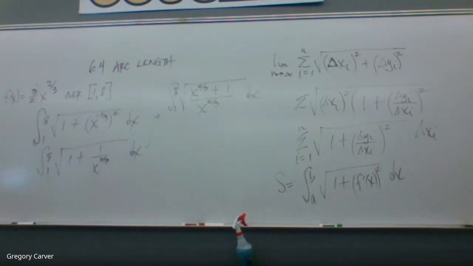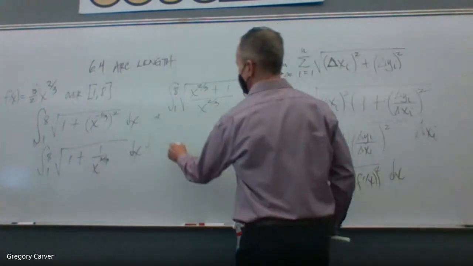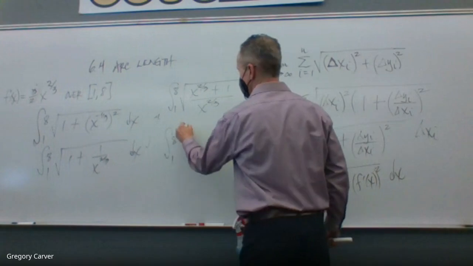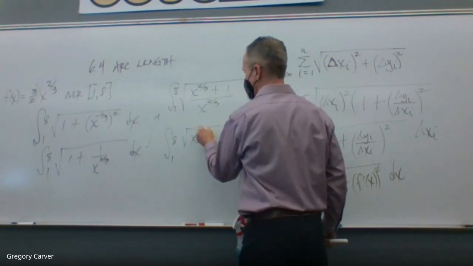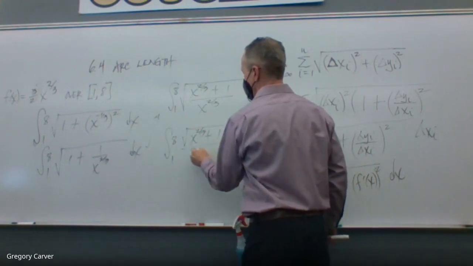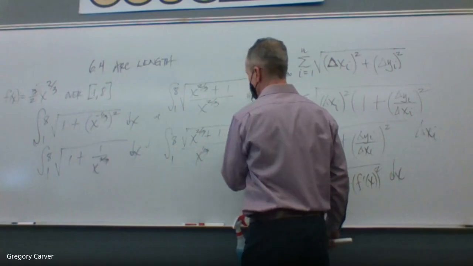We're getting there. But now you're hanging in, right? Love it. Also, the root of a product is equal to the product of the roots. The root of a quotient is equal to the quotient of the roots. Isn't it beautiful? Isn't this the same then? It's 1 to 8 of the square root of x to the 2/3 plus 1 all over x to the 1/3 dx.